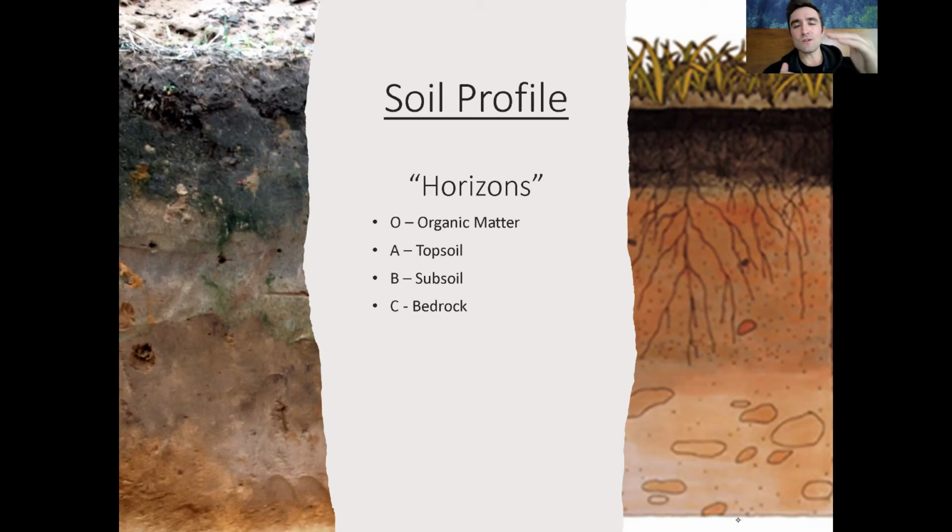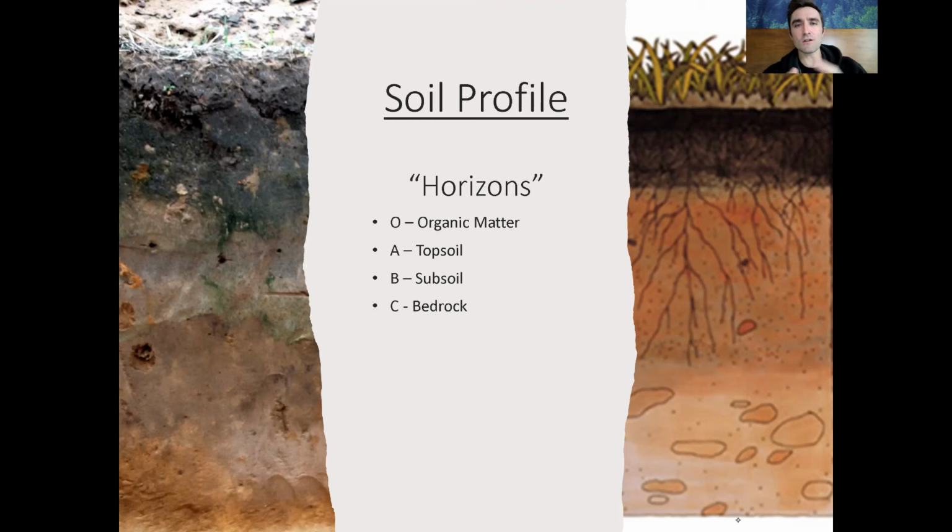And over time, subsoil can become topsoil, but it takes many, many years, thousands of years. And then eventually you dig so deep that you get to the bottom of the soil. There's no more soil left. And what's below that is what we call bedrock.